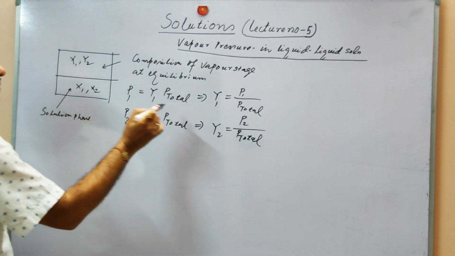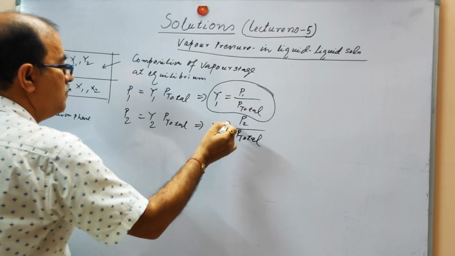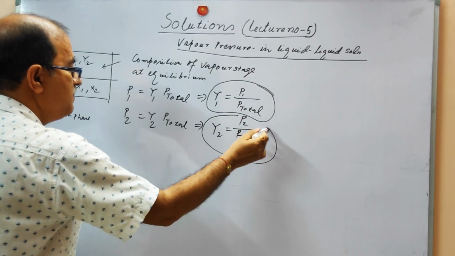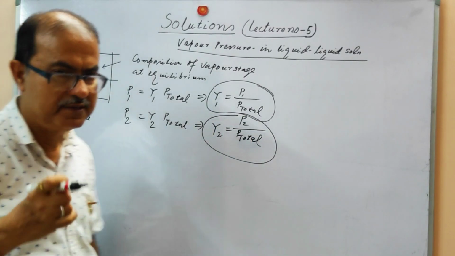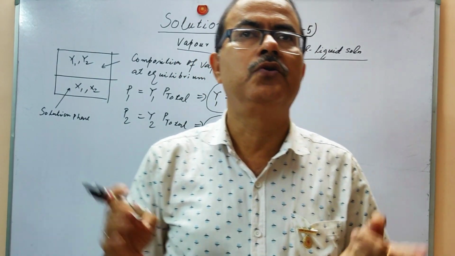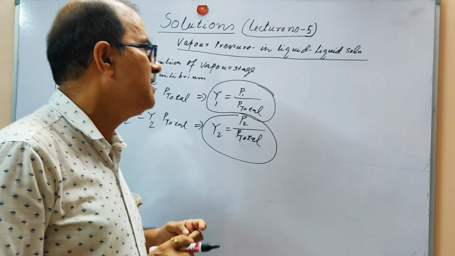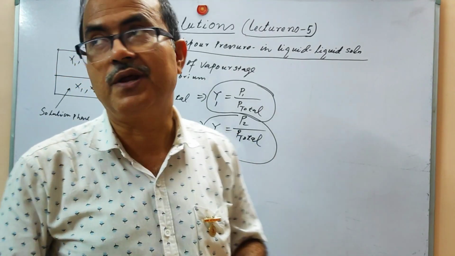So we are able to understand the composition of the components in the vapor phase if we know the partial pressure of the component 1 and component 2 and the total pressure. Naturally, we will know P1 and P2, and we will understand the P total also.